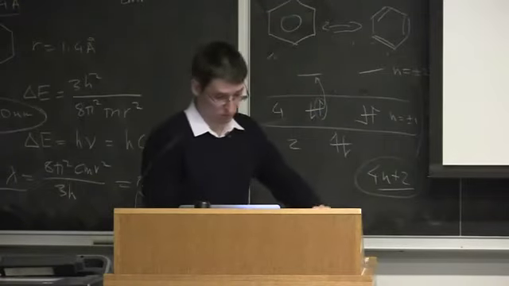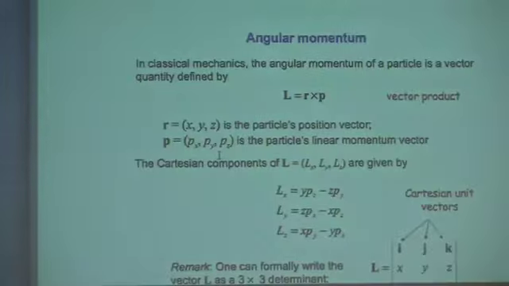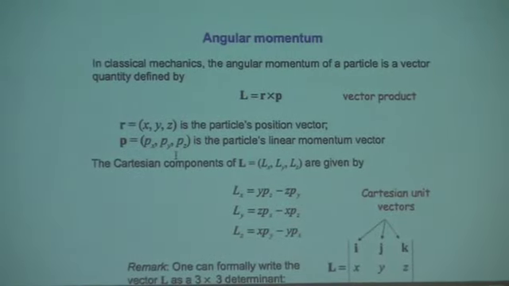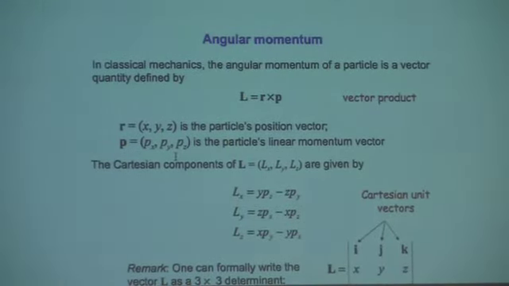All right, so we finished this problem with the particle on the ring, and the next topic would be describing a particle on a sphere. But before we go there, there are certain operators I need to introduce, and one of the basic operators which will be very useful for us is angular momentum.